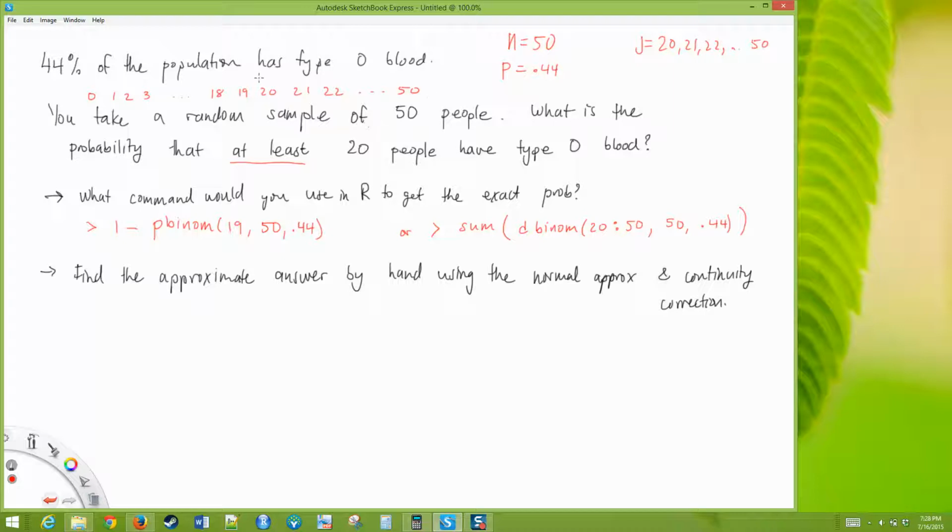And so my answer goes from 20 to 50. So the part that I subtract off would basically be 0 through 19. And pbinom always adds up from 0 to whatever number you stick in.